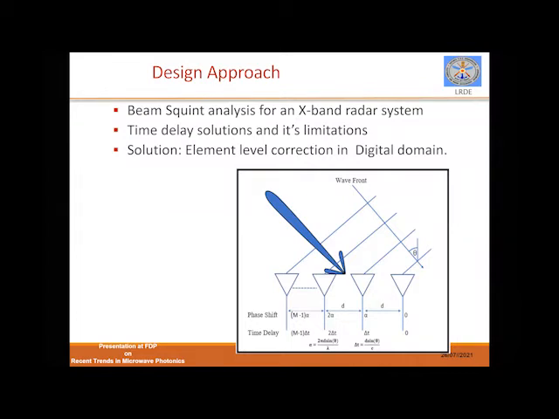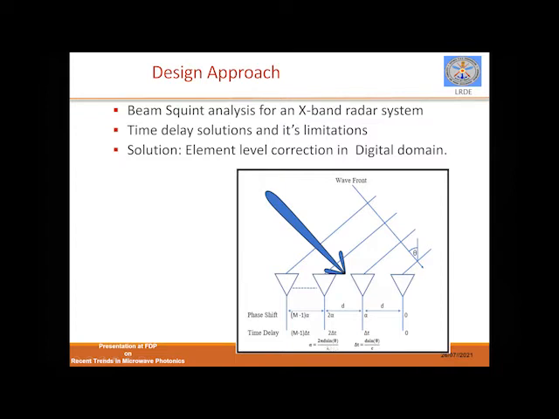But the moment you go for wide bandwidth application, you can see that there is a factor lambda, which depends upon the frequency of operation. When you have a wide bandwidth signal, this lambda variation is also going to be very high.